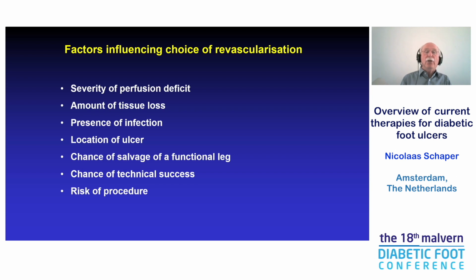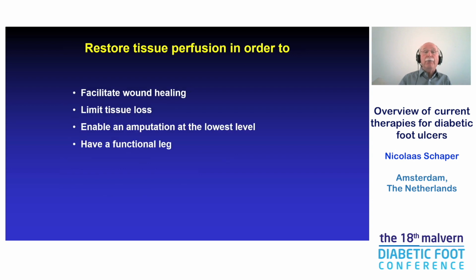Of course, the location of the ulcers. Heel ulcers are more difficult to heal, so in our center, we treat them more aggressively. And of course, don't try to improve perfusion in a leg that can't be saved. And finally, there are two other factors: the chance of technical success, and of course the risks of the procedure, because we talk about frequently very frail patients.